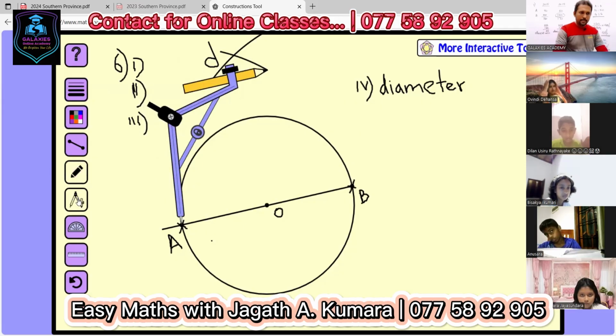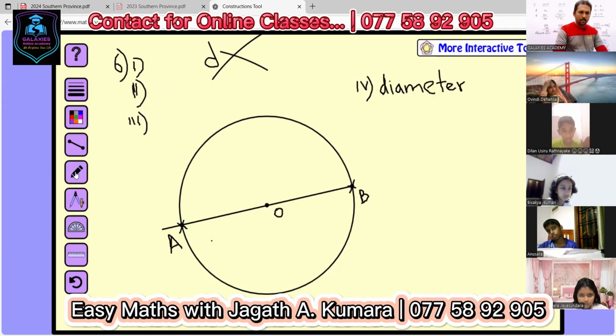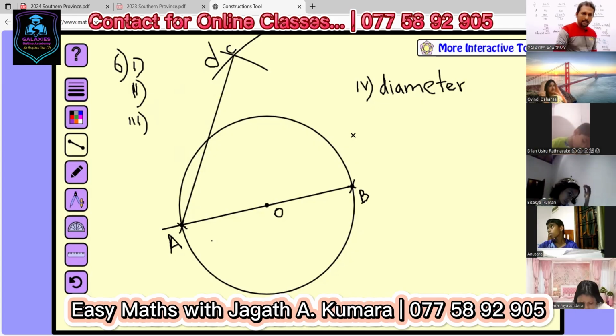This point is C. So you can mark the point C here. Then you have to join AC and BC. AC and BC join.